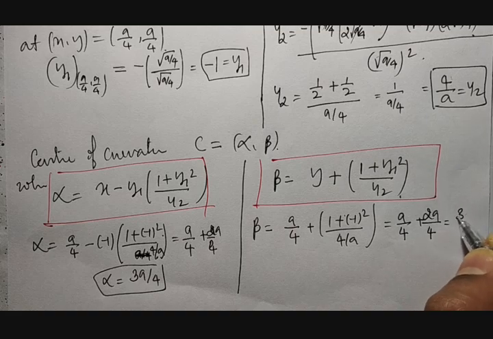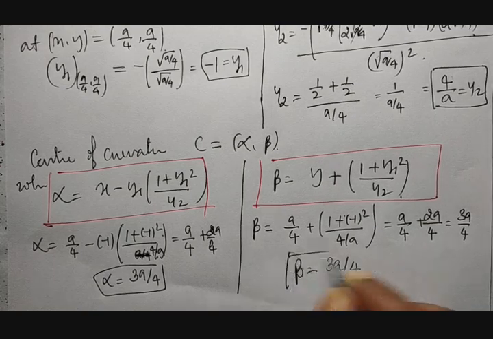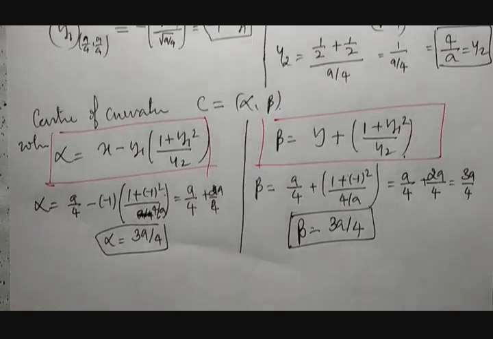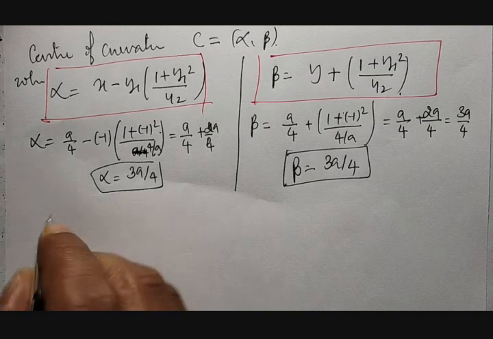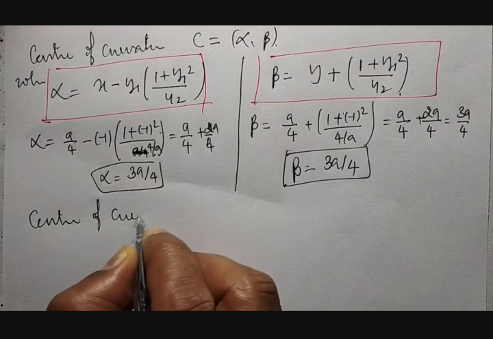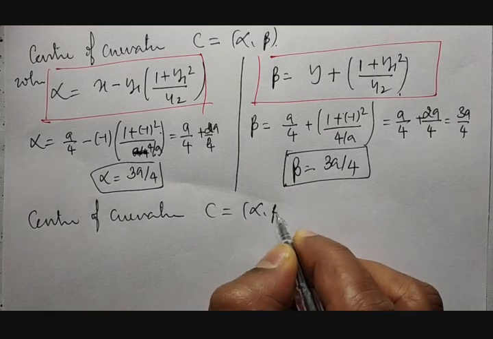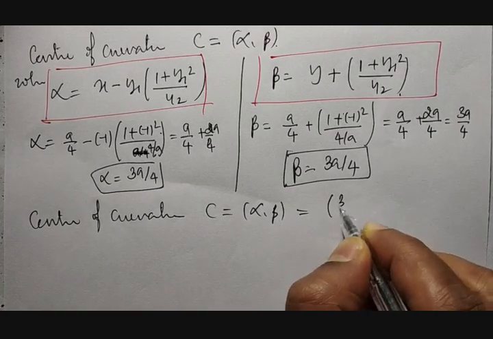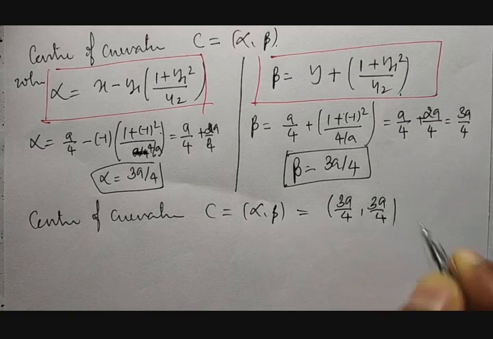That is nothing but 3a by 4. Therefore, beta is equal to 3a by 4. Clear? Therefore, the center of curvature C is (alpha, beta), which is nothing but (3a by 4, 3a by 4).